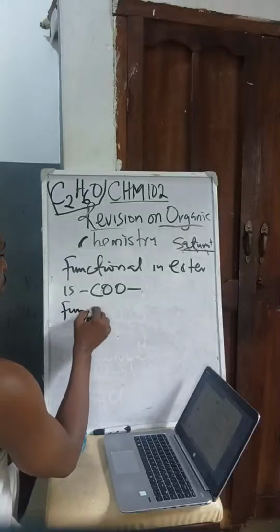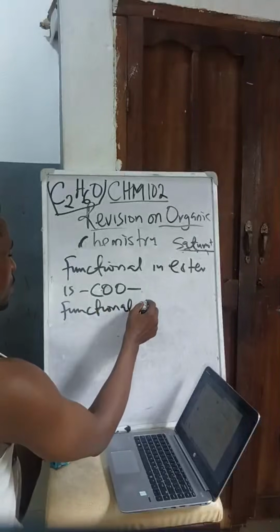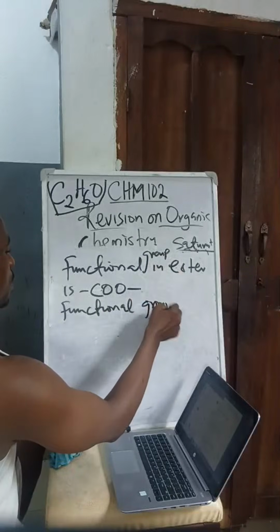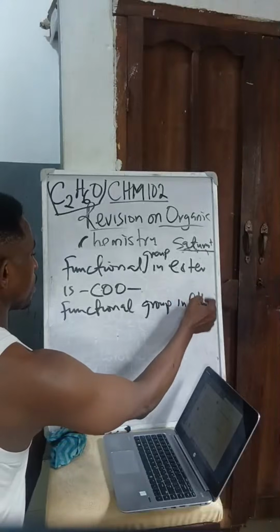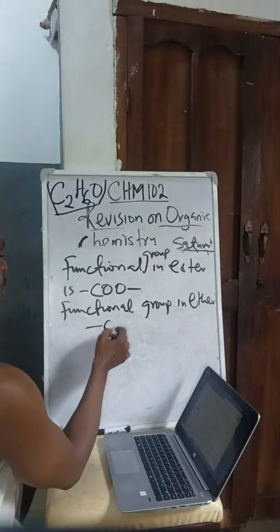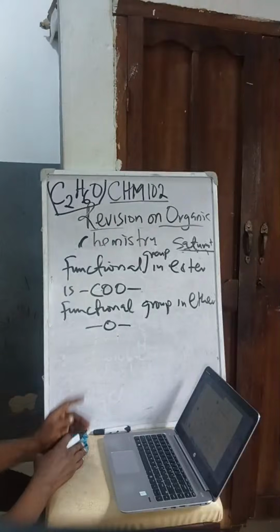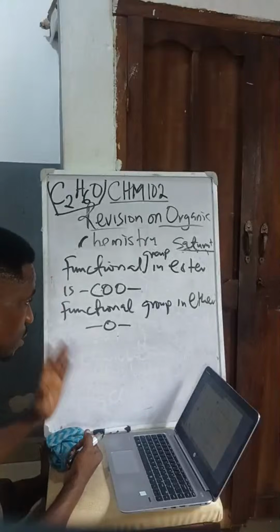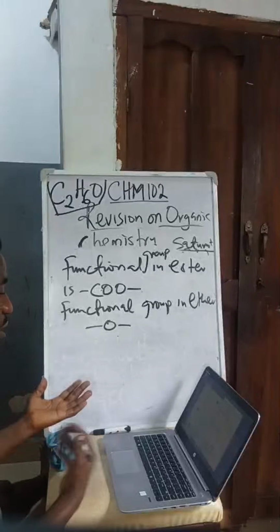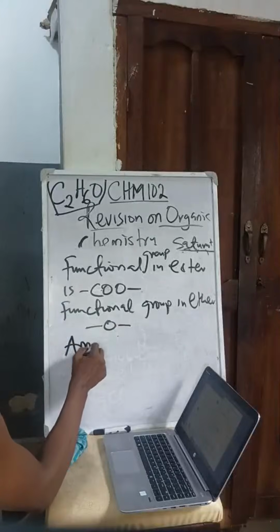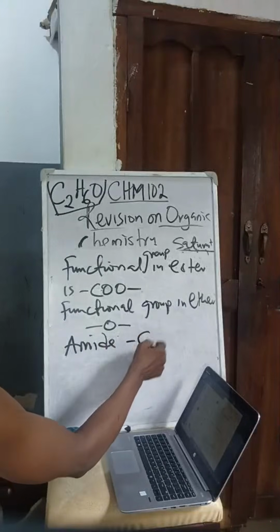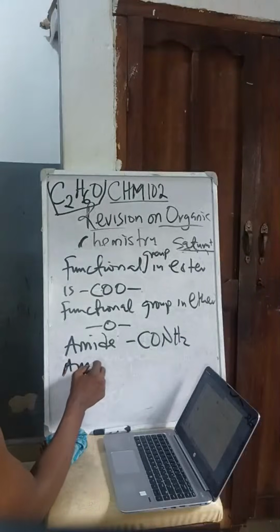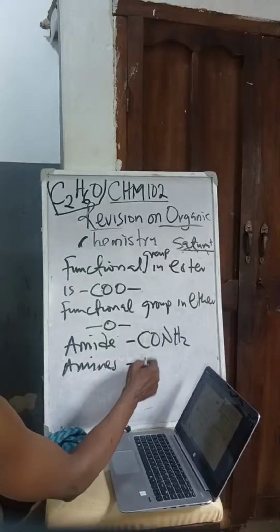Then the functional group in ether is O. So this is the functional group in ether, O. And this is the functional group in ester, COO. Then the functional group in amide is CONH2. Then amines, so that you understand it.